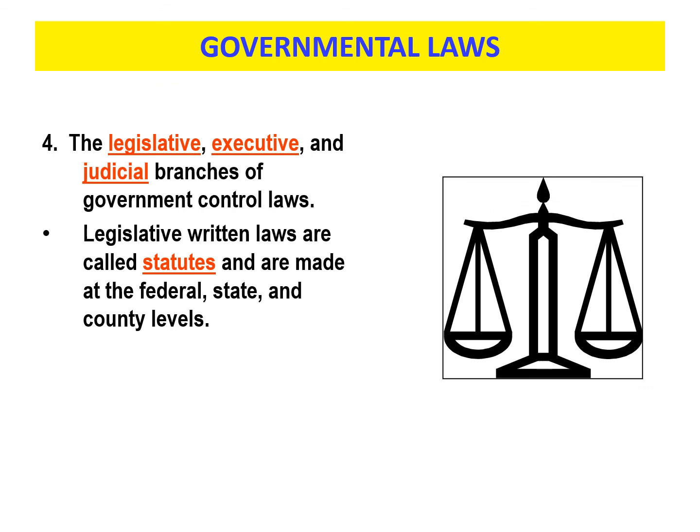The legislative, executive, and judicial branches of the government control laws. Now, we understand that the executive branch is the president, right? The legislative branch is our Senate and our House of Representatives, and our judicial branch is the Supreme Court at the federal level. When you start going down, you have the governor, who is the executive branch of your state.